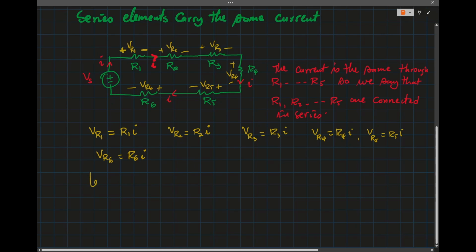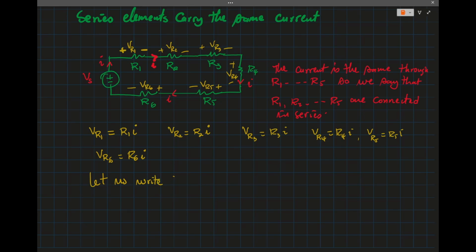That gives me negative Vs, starting from here, moving clockwise, plus VR1 plus VR2 plus VR3 plus VR4 plus VR5 plus VR6 equal to 0.